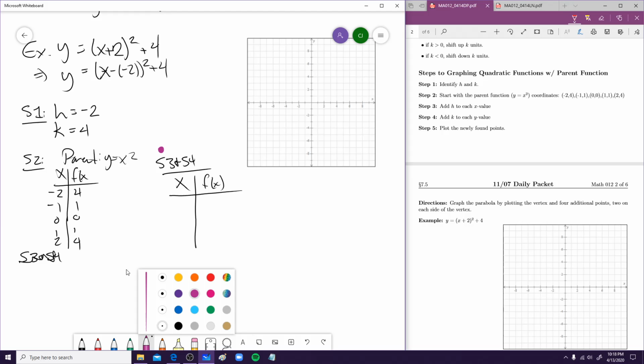So step 3, I said I want to add h to each x value, because h affects your x values. So therefore, I'm just going to add h to our x value. So remember, h is negative 2. So I'm going to do negative 2 minus 2.